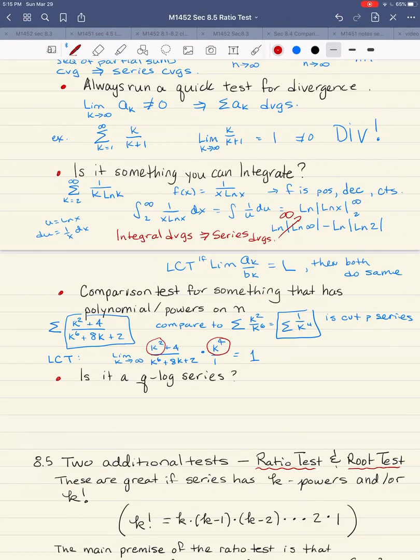So this limit is going to be 1, right? When I multiply this one times that one, I get 1 times k to the 6th over k to the 6th. So my limit is 1. So I get a positive finite limit. That means they both do the same. Earlier I said I had a convergent p-series as my comparison series, so our series converges.